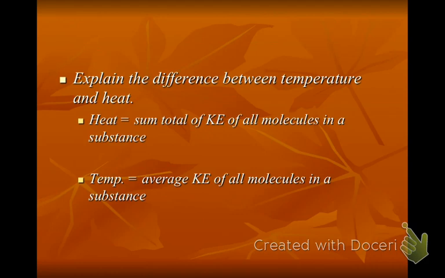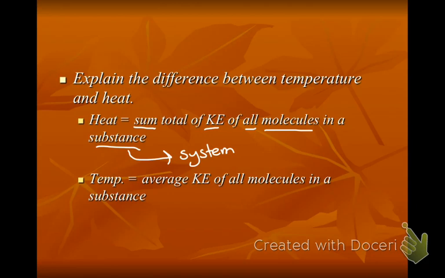I want to talk now about the difference between temperature and heat. So heat is a form of energy. It says here that it is the sum total of the kinetic energy of all molecules in a substance. Or if you want to think of it as the system. So if you took the kinetic energy of every single molecule, added all of those kinetic energies up in joules, you would have the amount of heat in that substance.